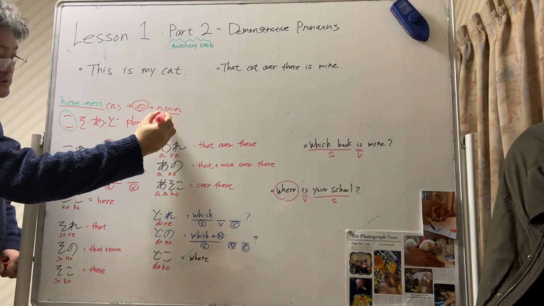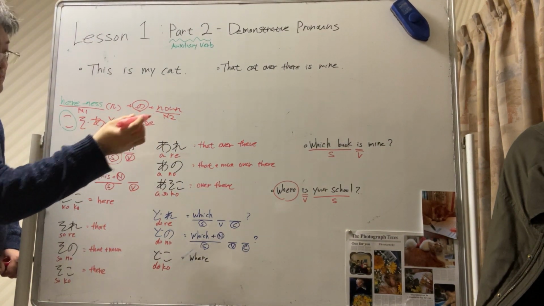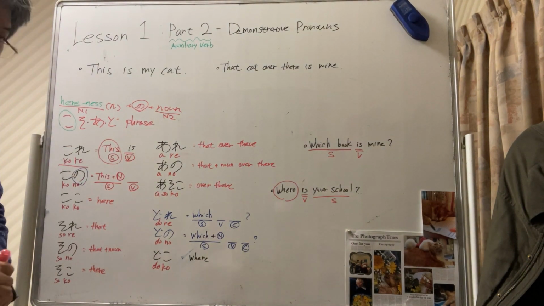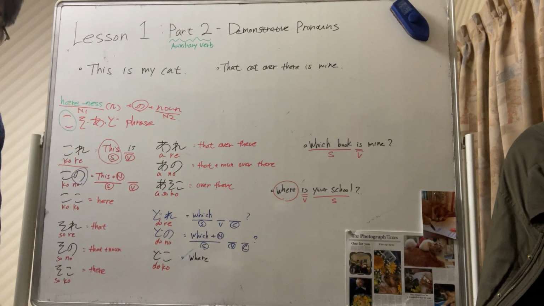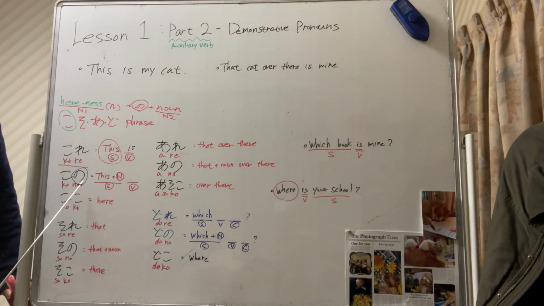So this is noun 1, and noun 2 belongs to the here-ness, which means literally this book or this something. So this plus noun is explained in that way.